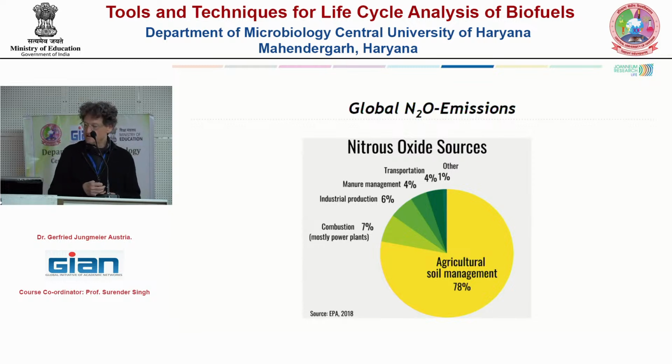And you see here, these are the nitrogen sources, globally or in Europe. I'm not sure if it's in Europe or if it's globally, but you see that the agricultural soil management has a substantial contribution to N2O emission, because in agriculture you need nitrogen so that things are growing.